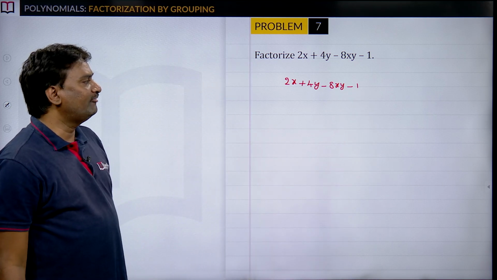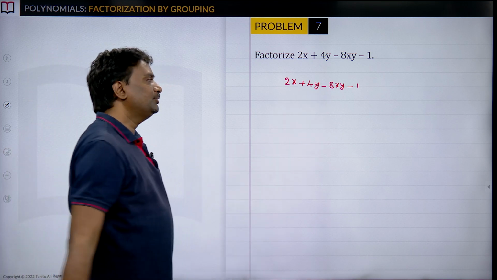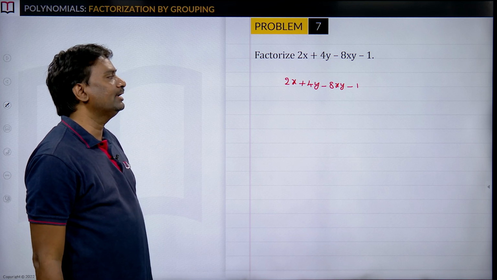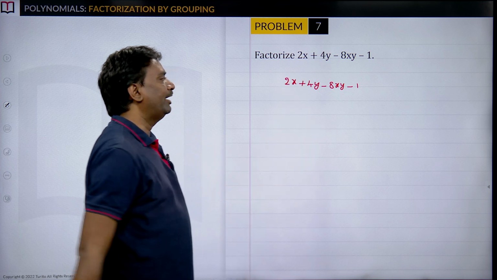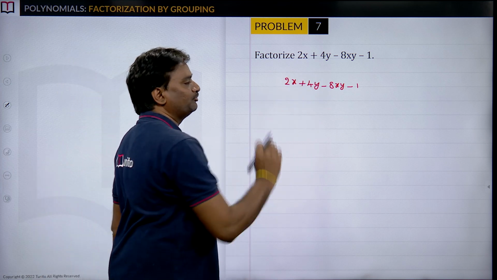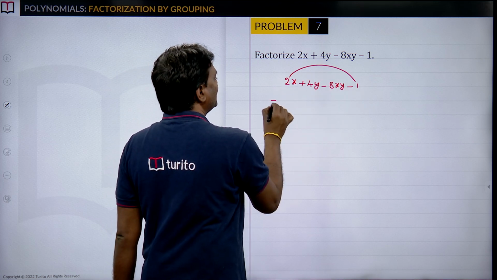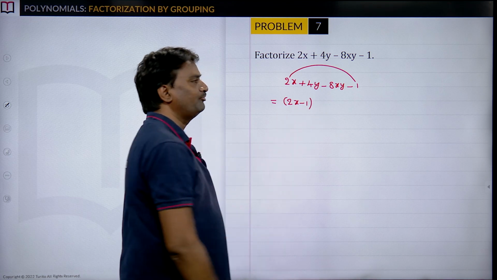Here if you take the first term and last term as one group, 2x minus 1. Next, from the middle two terms 4y minus 8xy, if you take minus 4 as common, then you will get 2y minus x. Here we have 2x minus 1, 2x minus 1. If you take the first term and last term as one group, 2x minus 1.